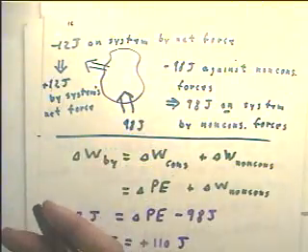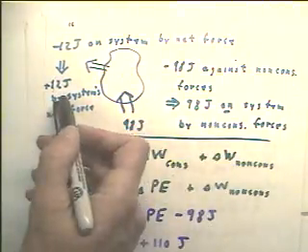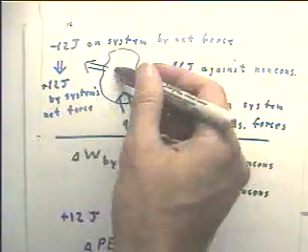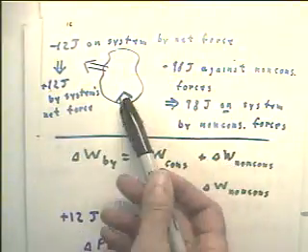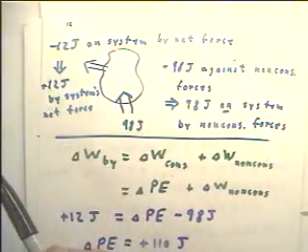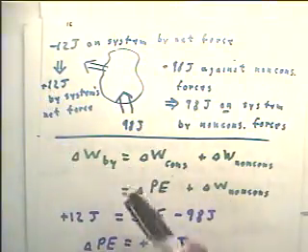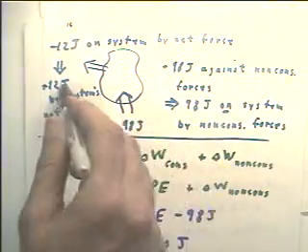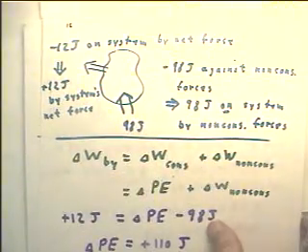So kinetic energy goes down by 12 joules to increase the potential energy, so that the 98 joules tends to increase the potential energy. The 12 joules of kinetic energy loss tend to increase the potential energy, so that the potential energy change is 110 joules. That's a little bit tricky to understand, actually, but it's well worth thinking through.